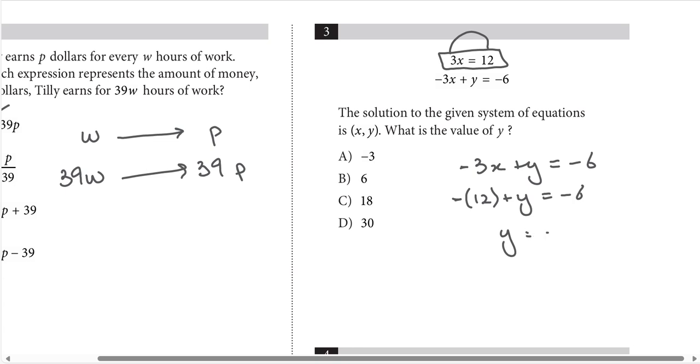So y equals negative 6 plus 12, which means y is equal to 6. Let's also find the value of x, which is again 3x was 12 and x equals 4. So the point is 4 comma 6.